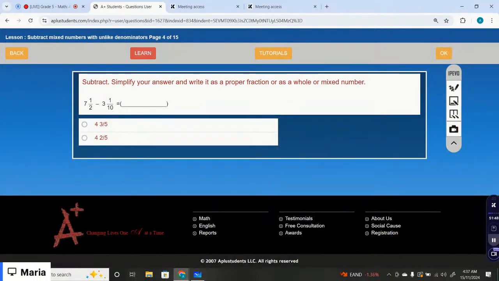Okay, 7 whole 1 by 2 minus 3 whole 1 over 10. So, which is the correct option?